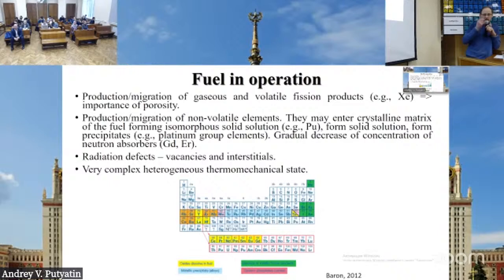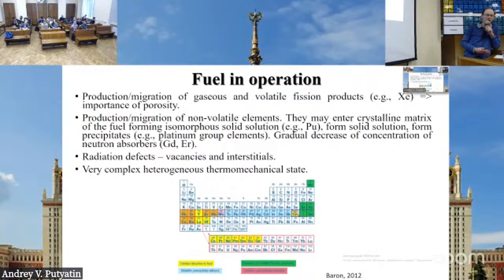So, fuel in operation. First of all, from the point of view of chemistry, there are many interesting facts. First of all, fission of uranium and of plutonium and other fissile elements produces gaseous and volatile elements. For example, here you see a periodic table with color-coded elements which behave differently in the fuel.